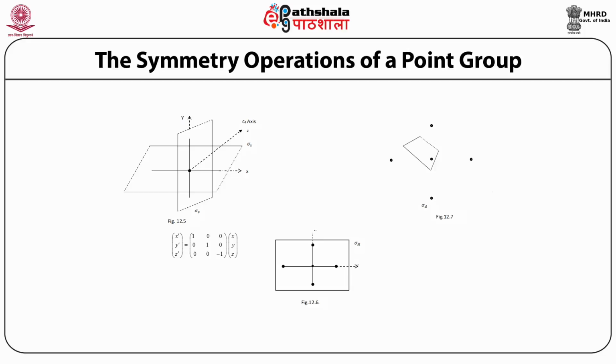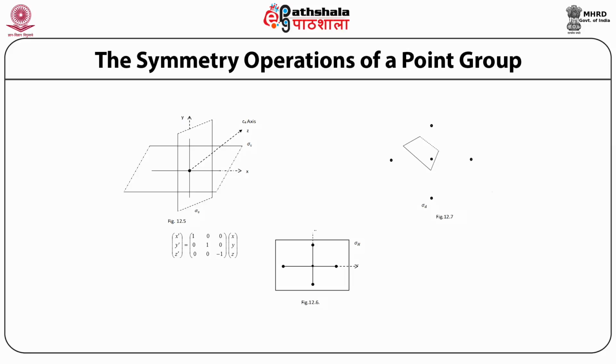These three planes of reflection are specified by three notations: sigma v, sigma h and sigma d. Sigma v is the plane of reflection which contains the principal axis. Sigma h is the horizontal plane which is perpendicular to the principal axis, and sigma d is the plane which contains the principal axis but bisects the angle between any three atoms or molecules.